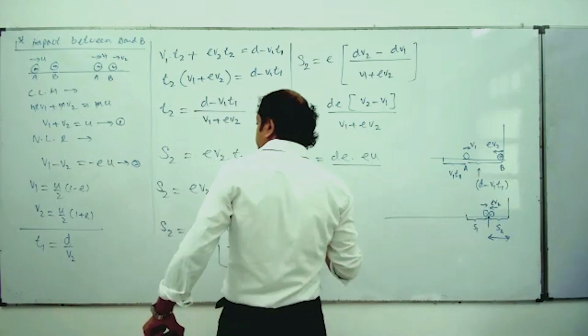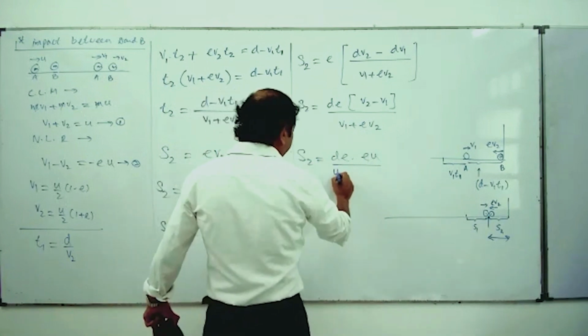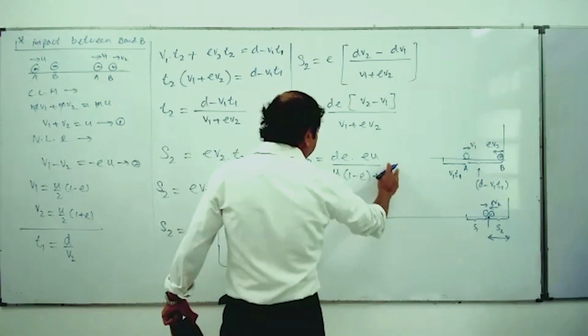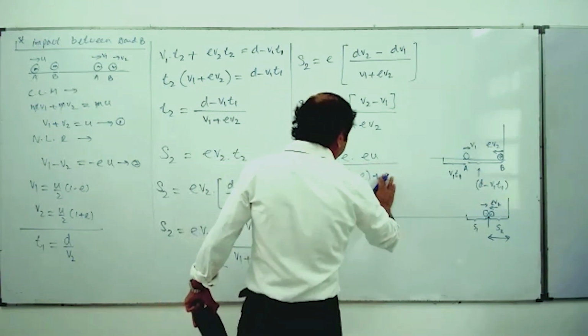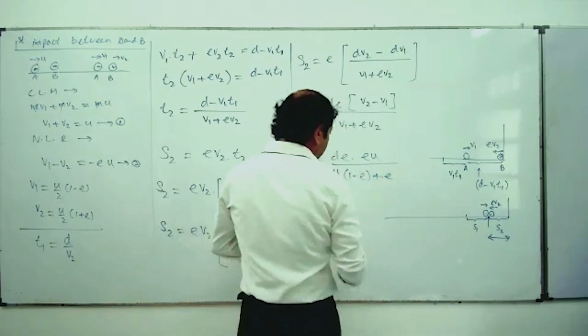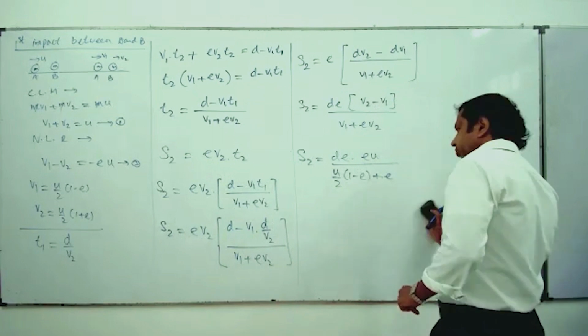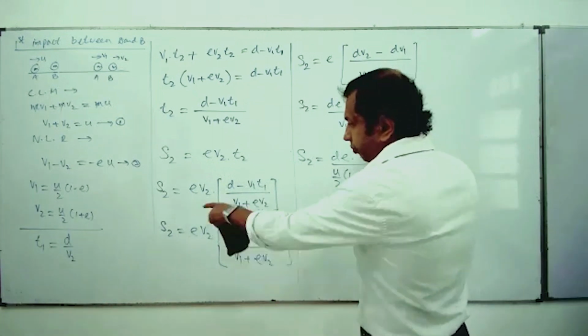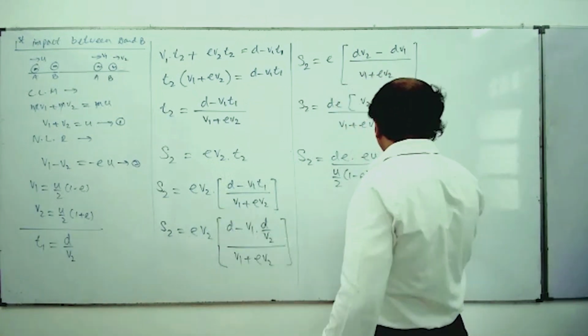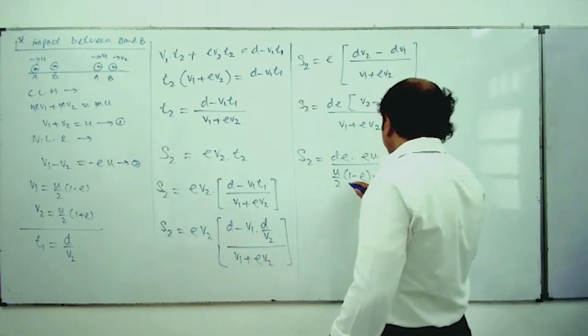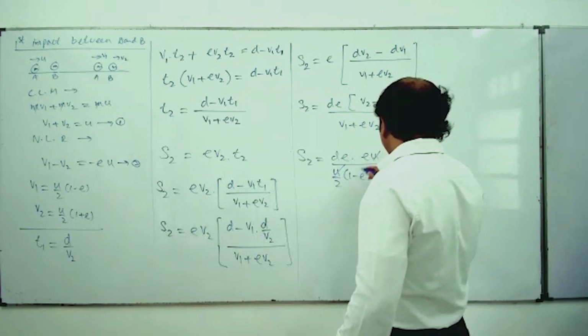V1 is U by 2 times 1 minus E, plus E times V2, U by 2 times 1 plus E. Now this U you can cancel down.